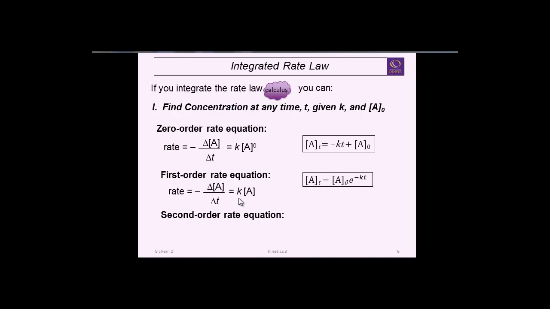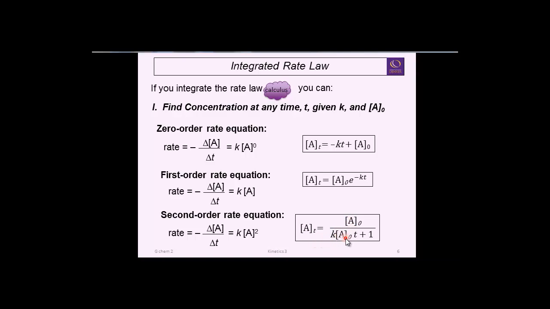Second order rate equation, as we know here, you're basically raising this to the second power. If you do the calculus on that and integrate, you'll end up with this expression which says, look, you can find the A at any time if you know the original concentration, the K, and the time.